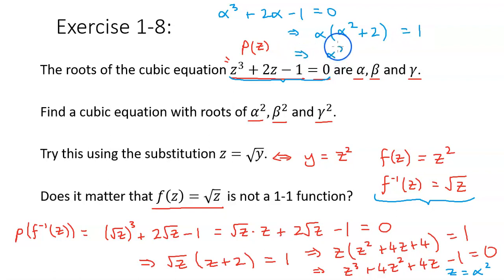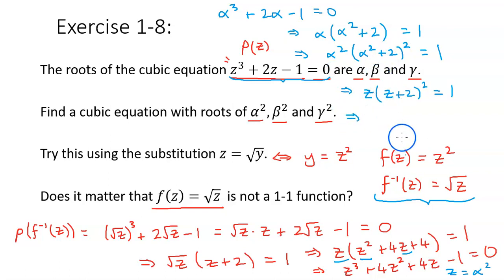So alpha squared times alpha squared plus 2 squared is equal to 1, and then at this point here, replace z with alpha squared, then you're good. It's just z times z plus 2 squared equals 1.